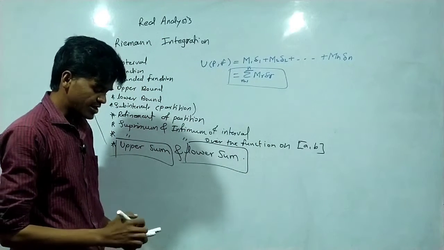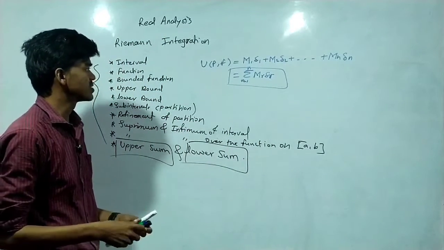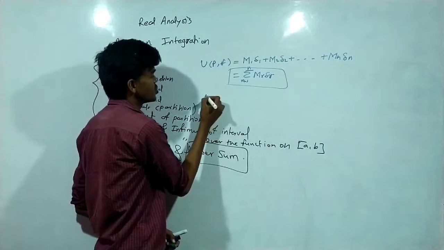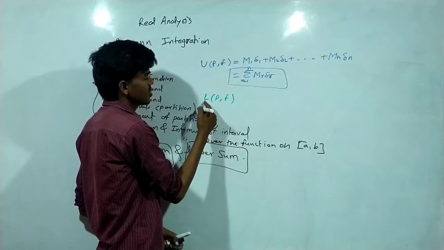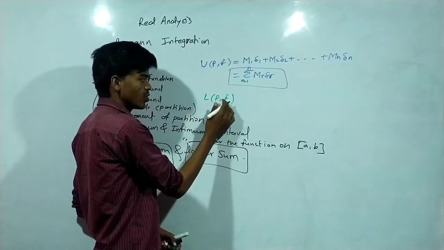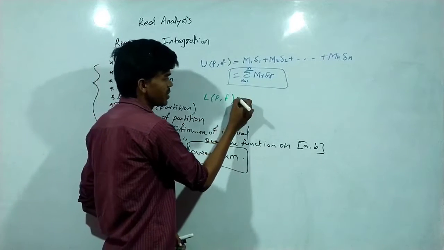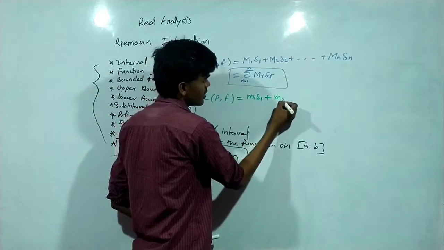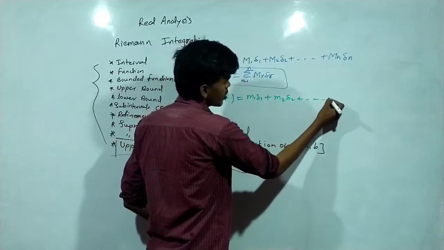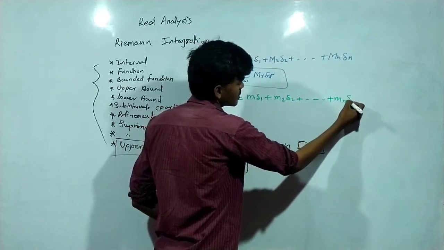Okay, we already discussed the lower Riemann sum also. Lower sum is usually denoted by L(P, f), that is the lower sum of the function f on a particular partition. It is denoted by small m1 delta 1, small m2 delta 2, and so on, small mn delta n.